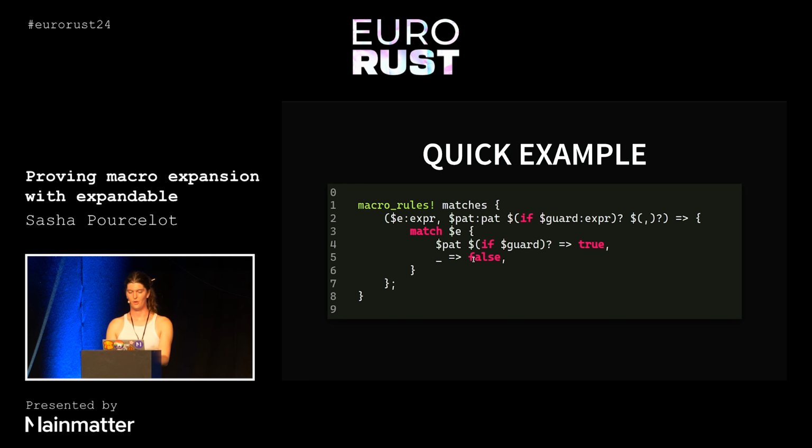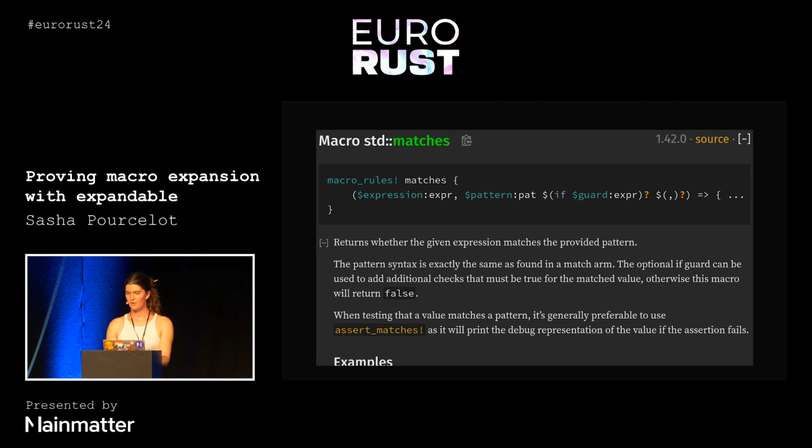So this is how matches is implemented under the hood. And the good news is it's an actual macro from the standard library. I just explained to you the whole matches macro without changing anything. So even if you don't understand the rest of this talk, at least you know how matches is implemented. Now let's go back to the actual content of the talk.